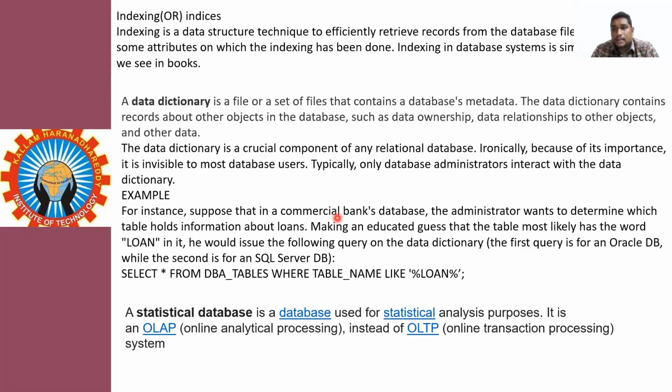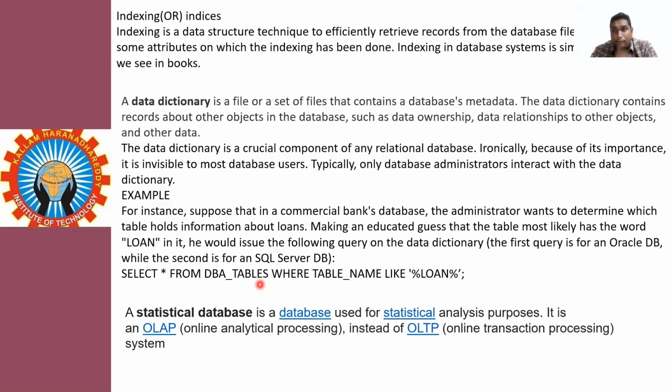If you want the complete data, say that in a table called employee we have 7 records, 7 rows. If you want to see all 7 rows, then there is a query: select star from table name. If you give select star from table name, you can retrieve all the table content data.